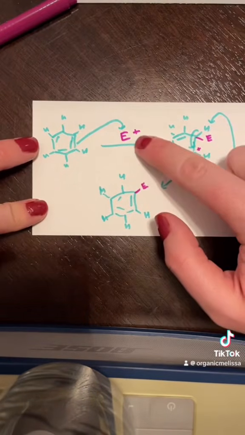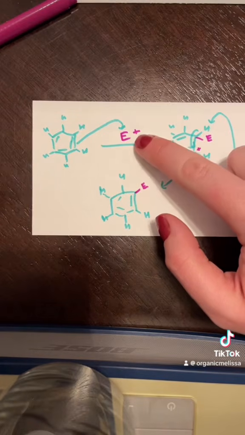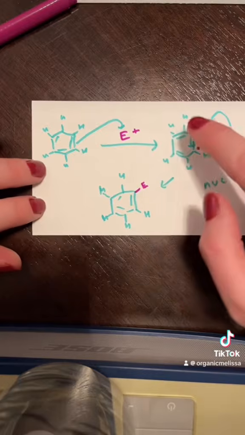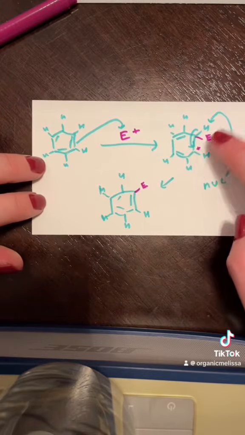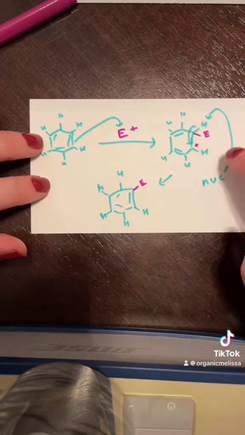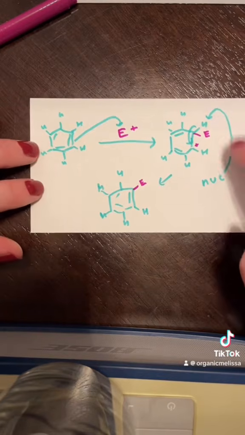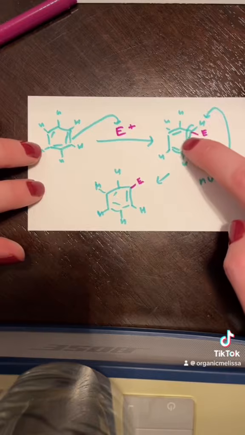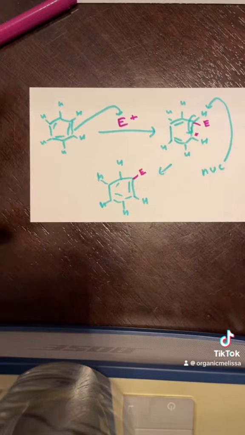First, you generate in some way, shape, or form an electrophile. The benzene will attack that electrophile, creating a carbocation, and then it's just like any other elimination, E2 or E1 elimination reaction. The nucleophile takes the hydrogen, those electrons fill in, and your aromaticity is restored.